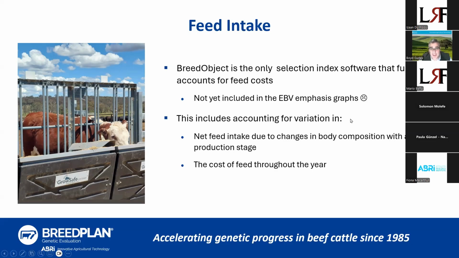But feed intake, this includes accounting for variation in net feed intake due to changes in body composition that occurs with age and production stage. So we know that, for instance, a yearling steer will be mainly putting on lean muscle at that stage. But 6 months later, he's going to be starting to deposit a fair amount of fat.